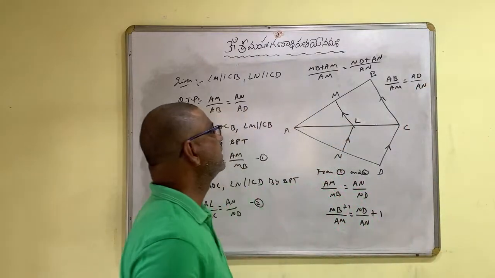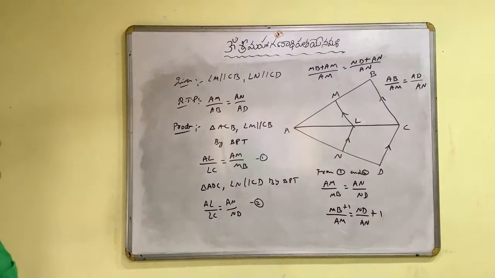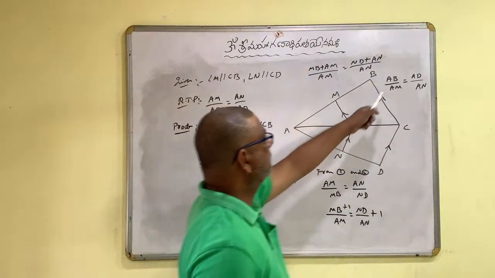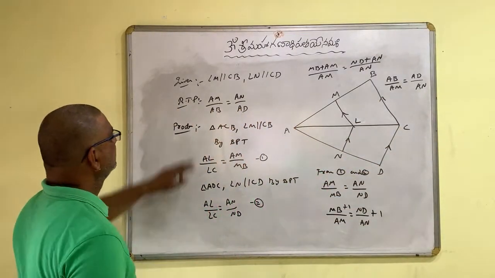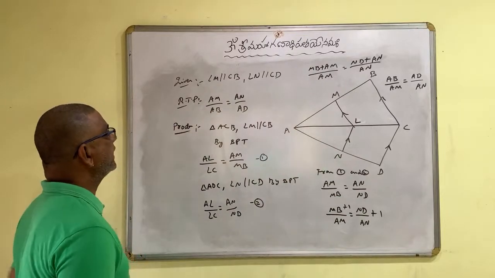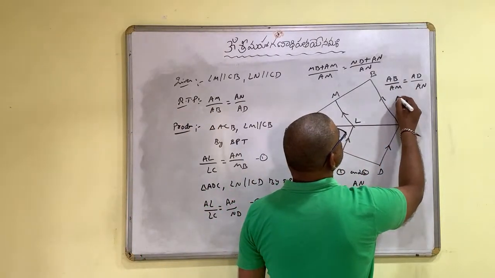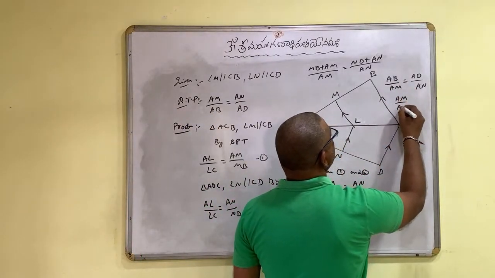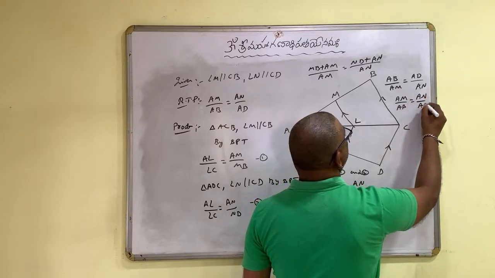So we got AB by AM equals AD by AN. But we need to have AM by AB equal to AN by AD. So again reverse it. What we get? AM by AB equals AN by AD.